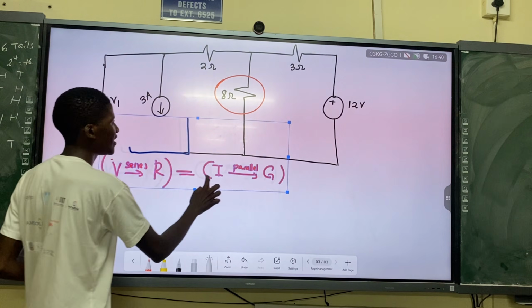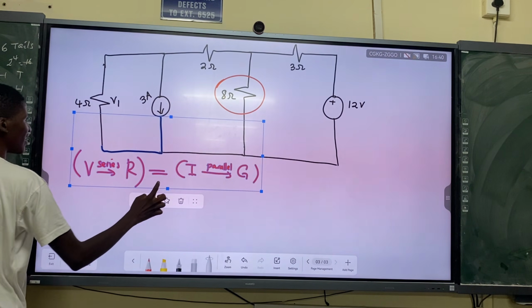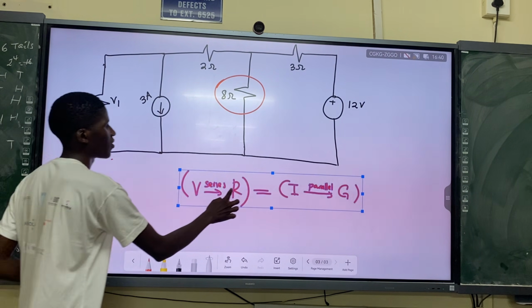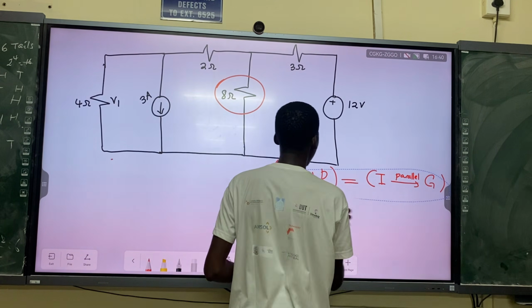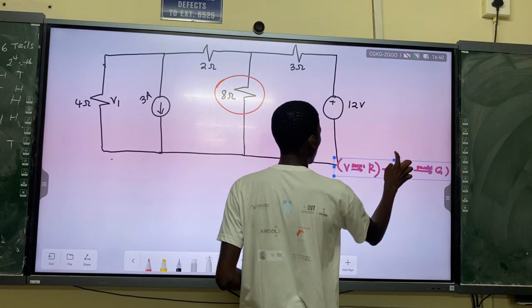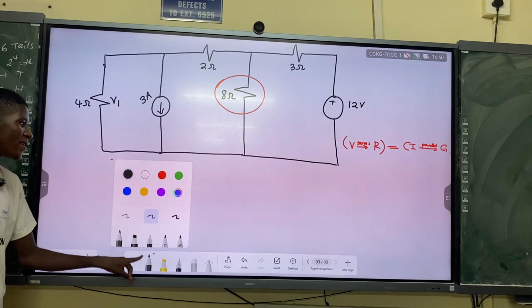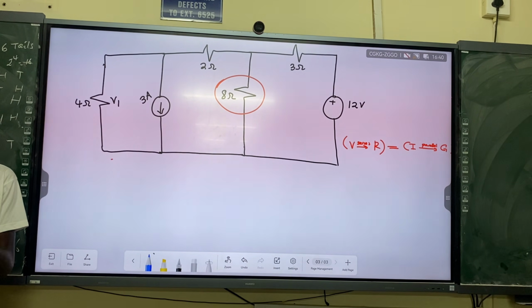So now the circuit here. All right, so this is the source transformation theory. Once we identify a voltage source that is in series with a resistor, you can change that to be a current source in parallel with the same resistor.